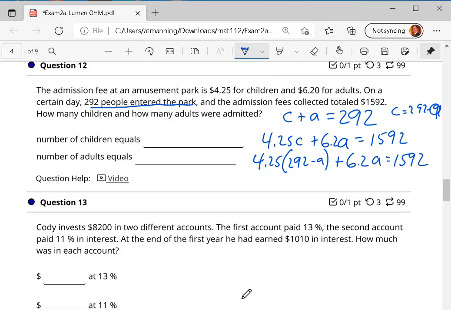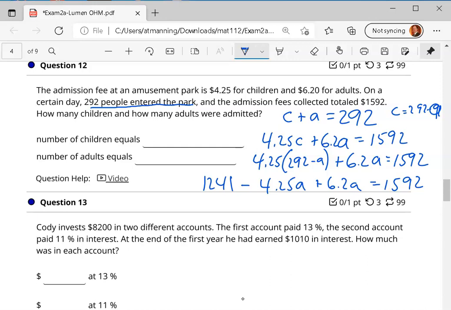All right, so I have 1241 minus 4.25a plus 6.2a equals 1592. Again, don't panic.